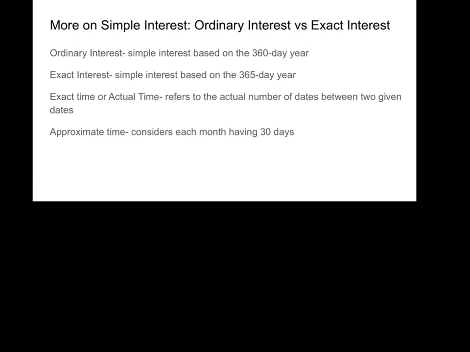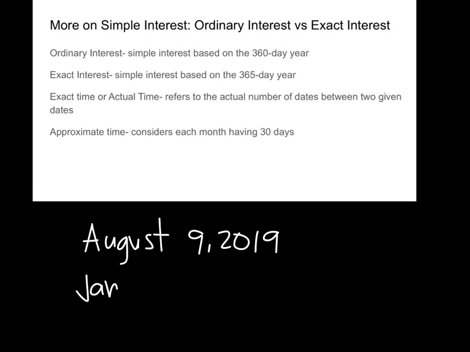So say you borrowed the money on August 9, 2019, and you have to pay the borrowed amount on January, say 4, 2020. So since the number of days is not given here, we have to compute for the number of days.